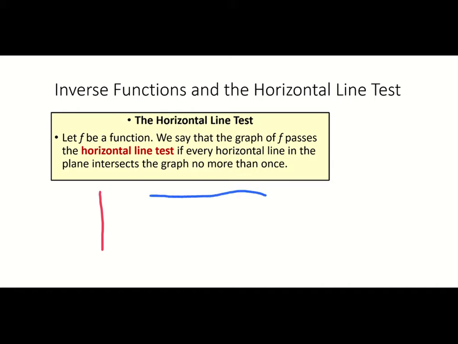So if you run a horizontal line over your function as it goes from left to right, it should only touch the graph at one point in order for the inverse of that function to be considered a function.